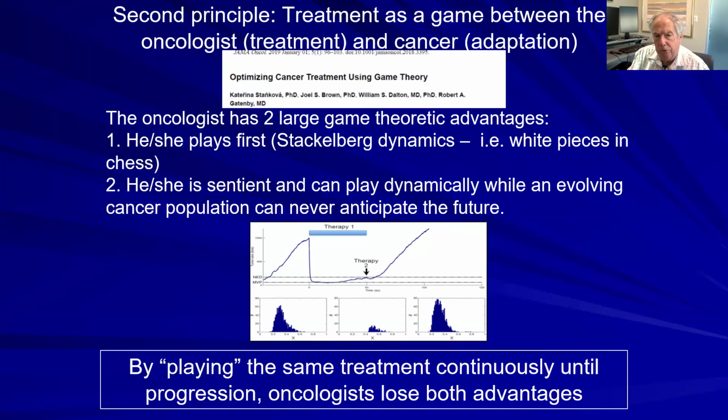So the oncologist loses both advantages effectively, because the oncologist does not change treatment until the tumor has progressed. The tumor is now leading the game, and the oncologist is following. So just in general, our goal here is to try to get the oncologist to play more dynamically and to engage in the game more actively.